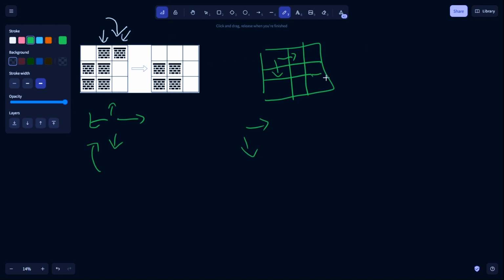You might want to solve this problem with dynamic programming, because then you would want to reach this bottom right corner, and there are two ways to reach it: from above and from the left.